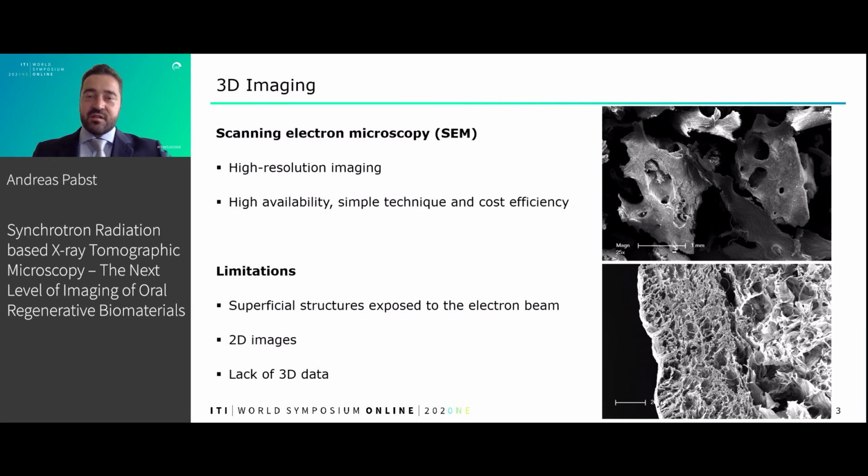The limitations of this promising technique are that it is exclusively suitable for superficial structures that are exposed to the electron beam directly. It only allows the imaging and production of 2D images, and there is a lack of 3D data that can be used digitally for further data analysis.